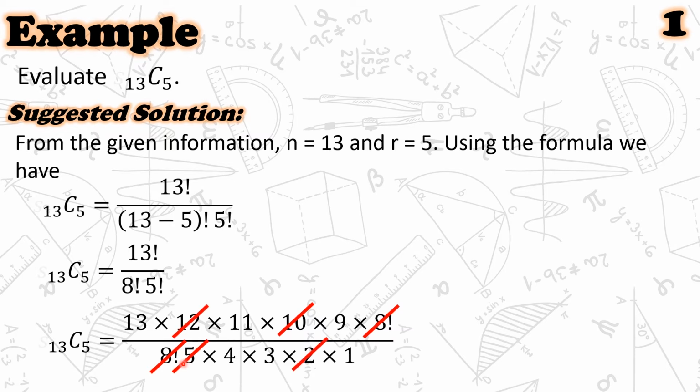Another one, we have 12 in the numerator, and we have 4 times 3 in the denominator, which is 12. So we have 12 over 12 equal to 1. Then 13C5 is reduced to 13 times 11 times 9, and that is equal to 1287.